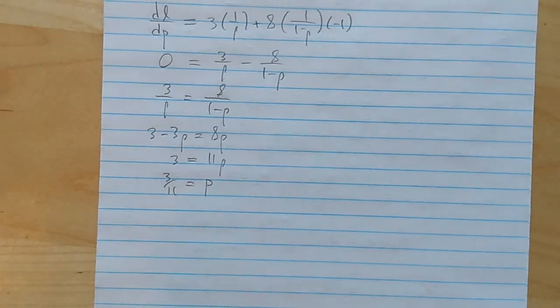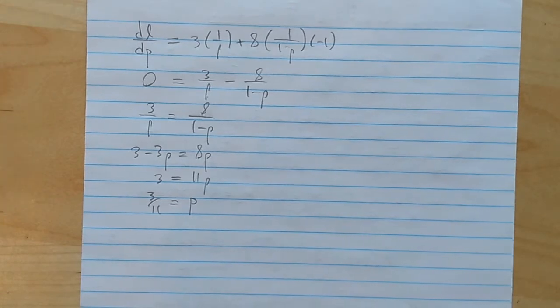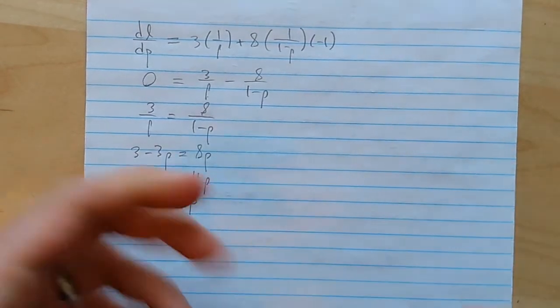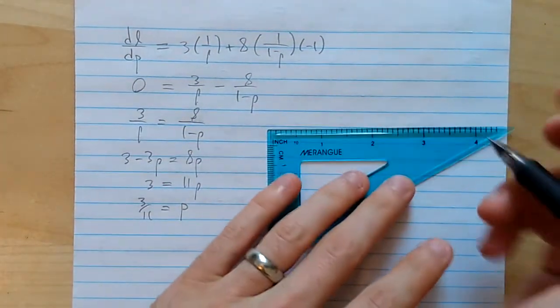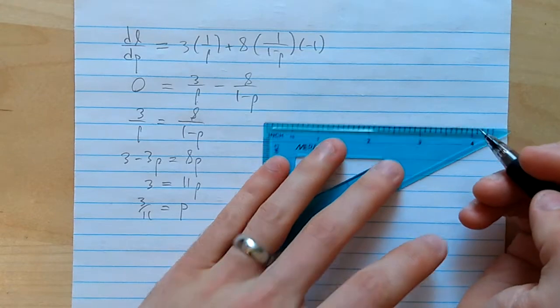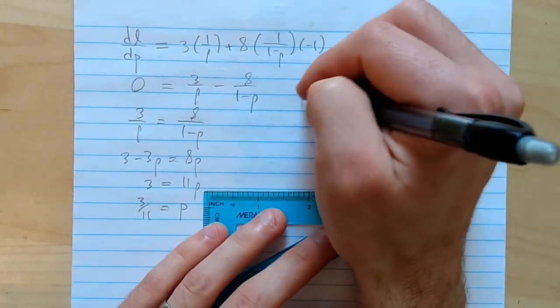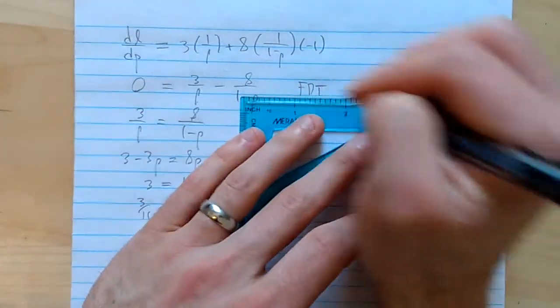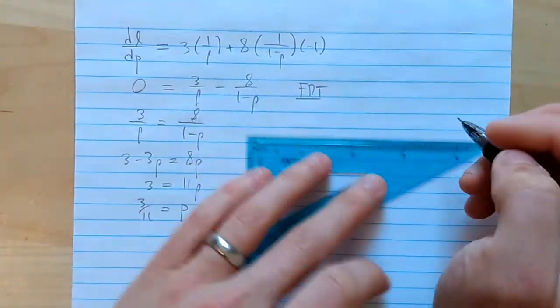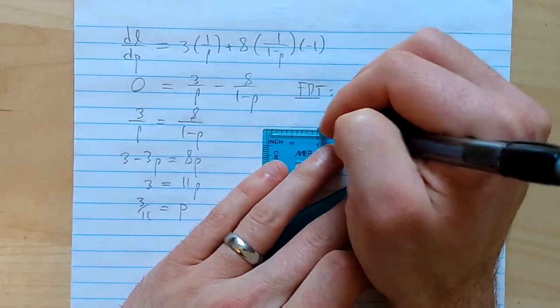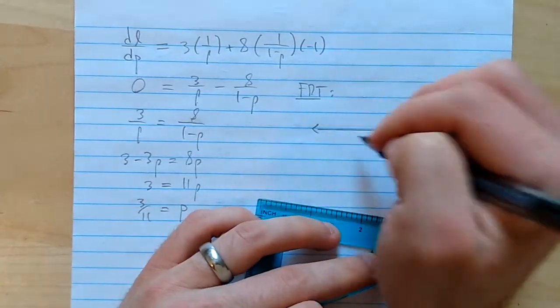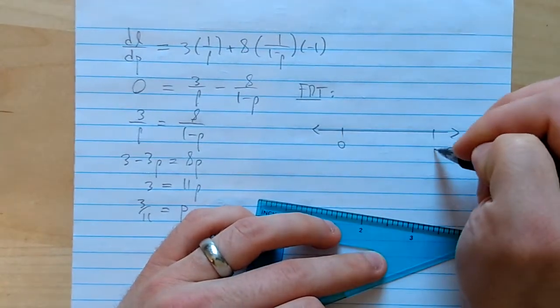We still have to convince ourselves it's actually a max, like it maximizes the probability. There are a few ways you can do that. Remember from Cal 1, you can do the first derivative test or the second derivative test. For the first derivative test, the idea is you say, okay, I'm interested in values between 0 and 1.